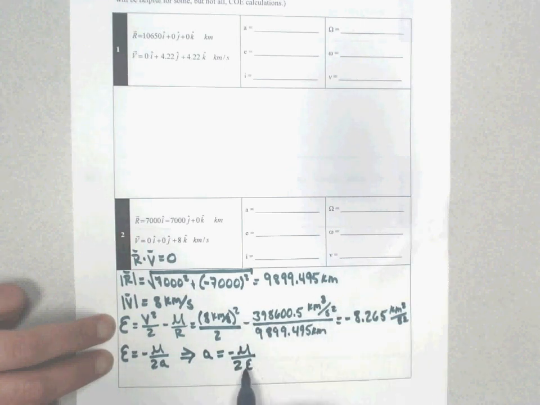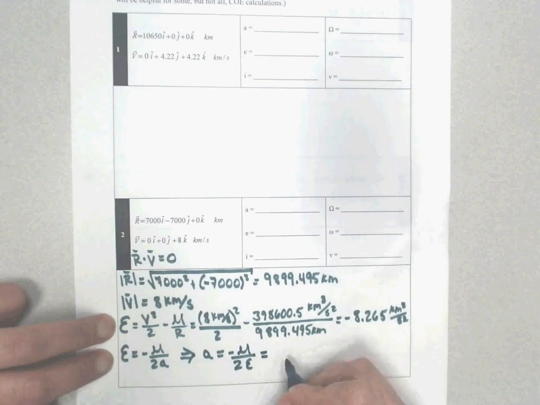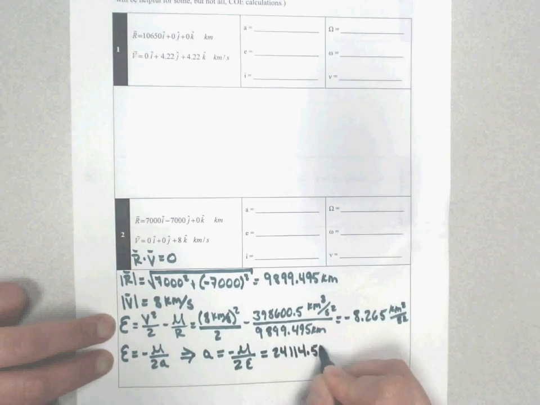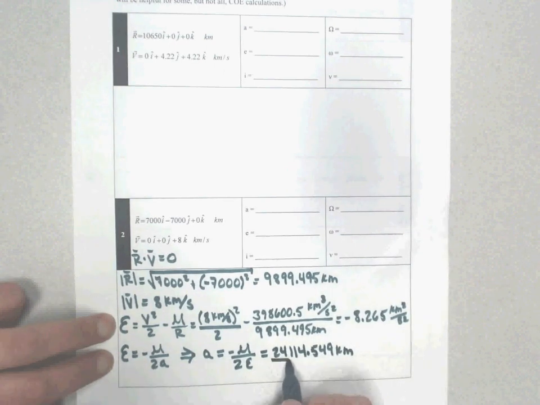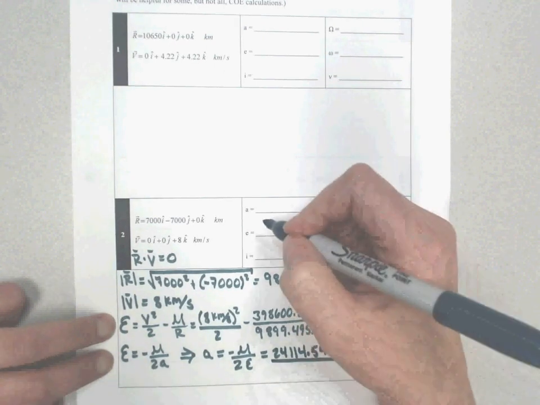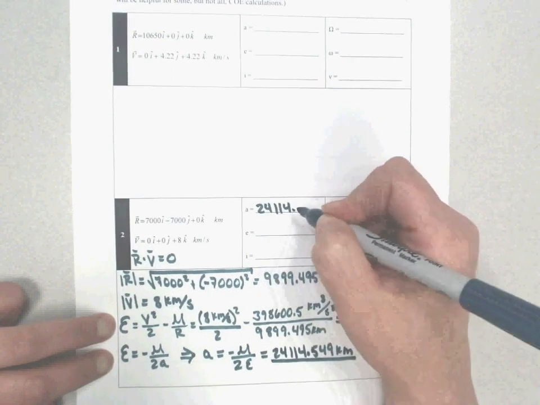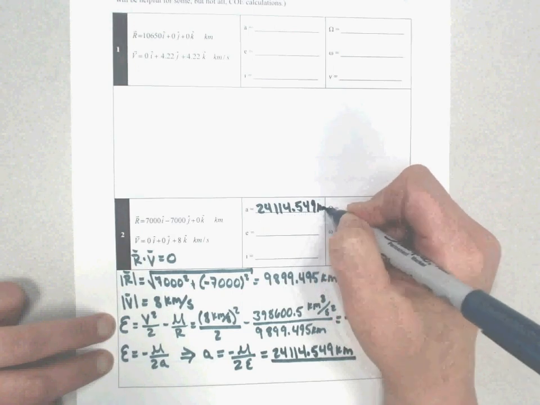This energy that we just solved for will lead us to an A value of 24,114.549, and that's in kilometers.